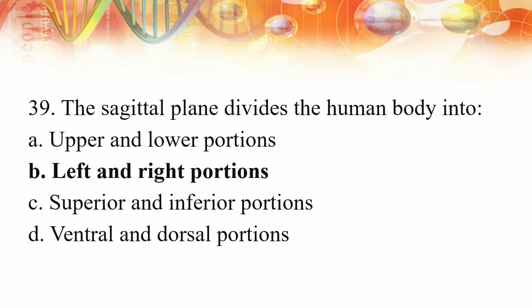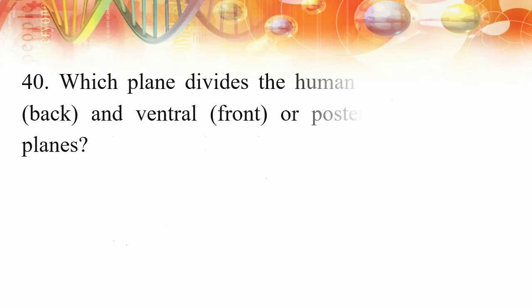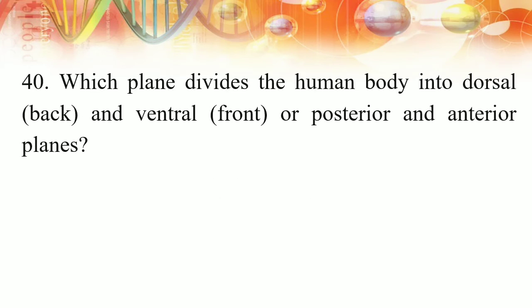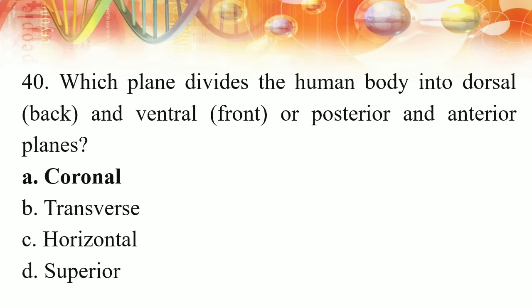Number 40. Which plane divides the human body into dorsal or back and ventral or front, or posterior and anterior planes? A. Coronal, B. Transverse, C. Horizontal, D. Superior. Superior or cranial describes the position above or higher than another part of the body proper.